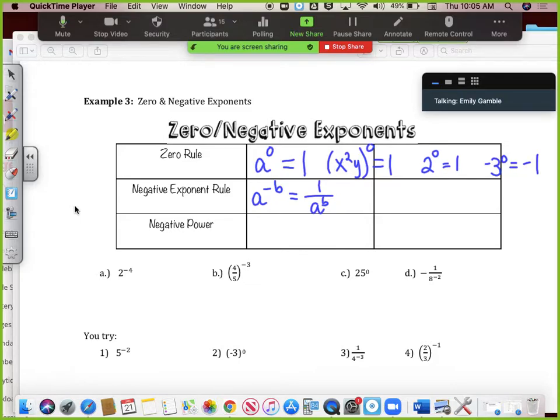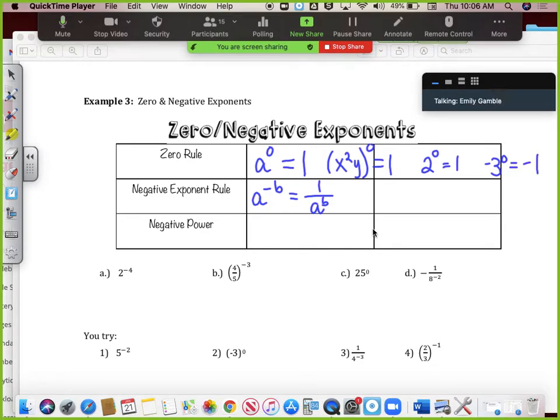So every single number is essentially starting out as a fraction, but if there is no fraction to start out with, then you know that there is an invisible 1 underneath of this. So when you have this negative exponent, the fraction that doesn't even look like a fraction right now flips upside down to be its reciprocal, and then you can turn the negative exponent number into a positive.